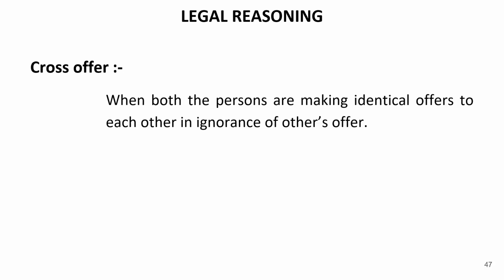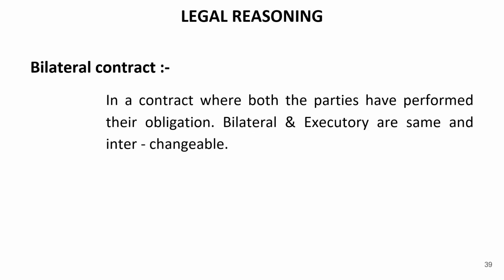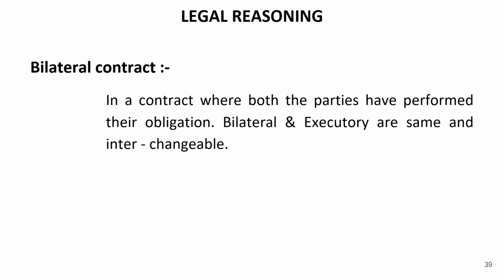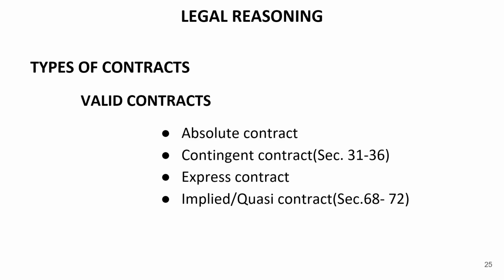Now, there is one more thing that I would be discussing with you, and this is perhaps much more important for you. When you talk about valid contracts, they are also divided into certain categories. Absolute contracts are those contracts without any condition.